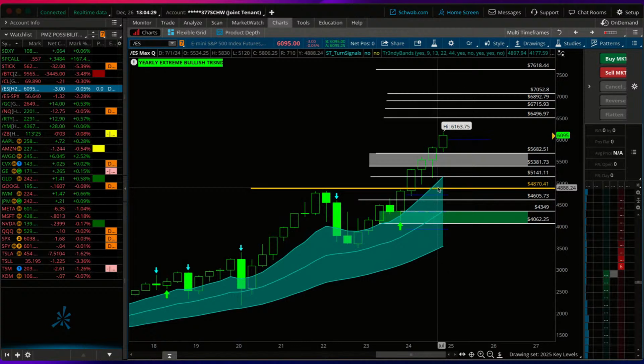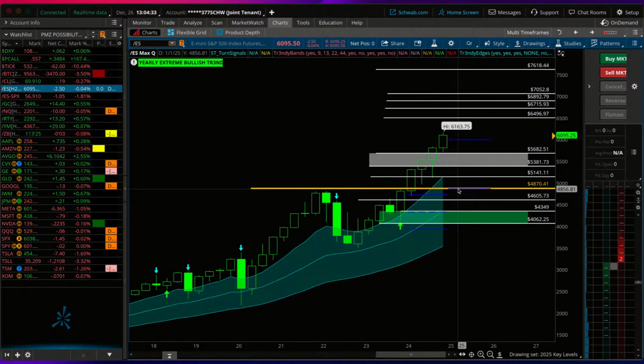The gold line on my chart represents two very important things. Number one, it represents the lower yearly edge for 2025. The blue lines on my chart are playing fields of demand and supply from a yearly time frame perspective, meaning this lower edge is a playing field of demand from a yearly time frame perspective.